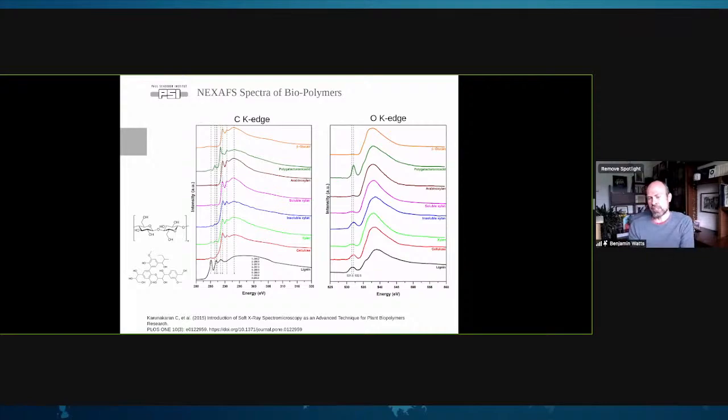And even if you're trying to differentiate two materials where one has no oxygen and the other one has some oxygen, you're typically better off looking at the carbon-oxygen resonances in the carbon edge than you are looking at the oxygen edge, just because the carbon edge has so much detail there.